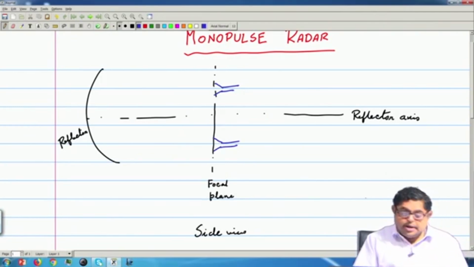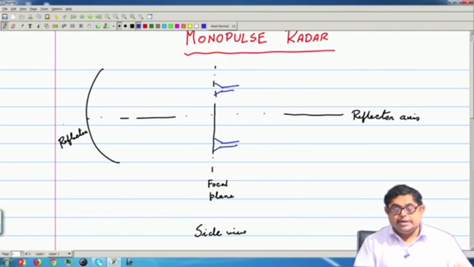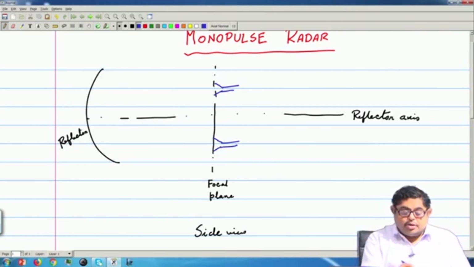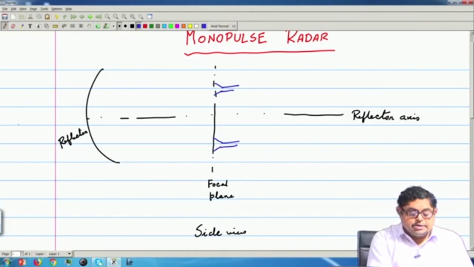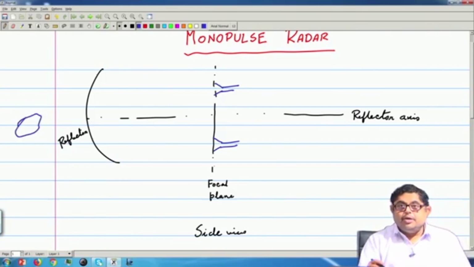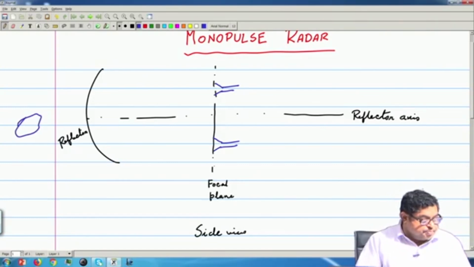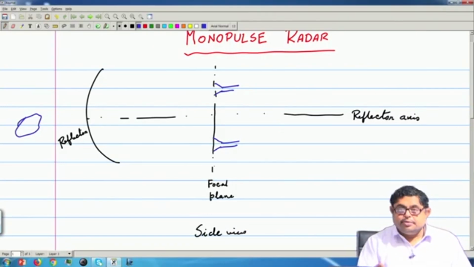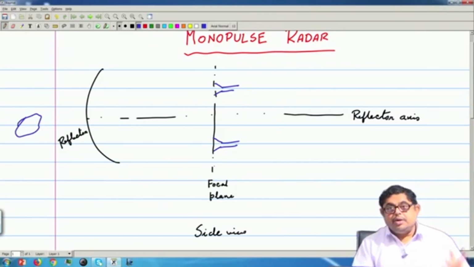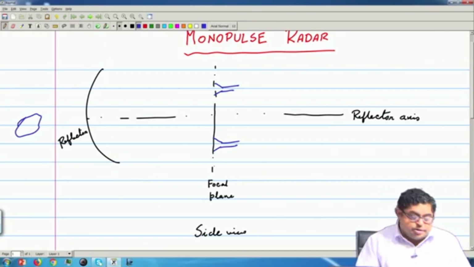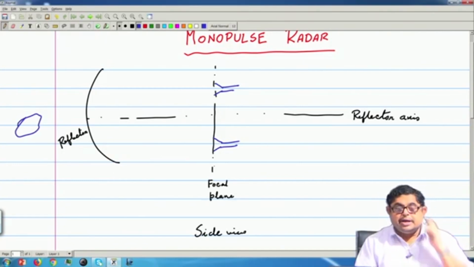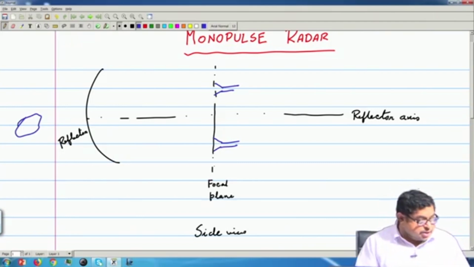Let us say a target is on this axis, suppose a target is here, then the receivers will get equal amplitudes. So, they will be able to say that the target is on the crossover axis.